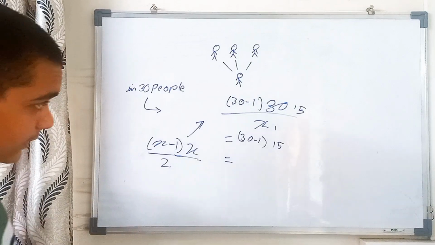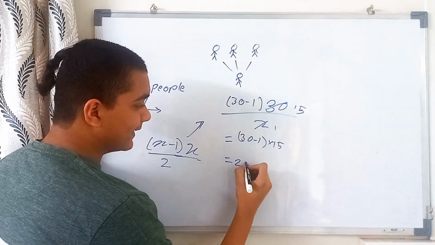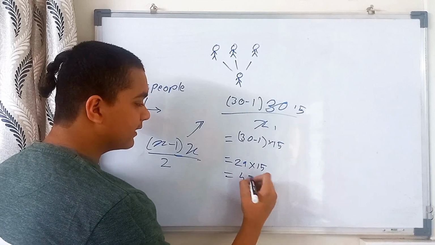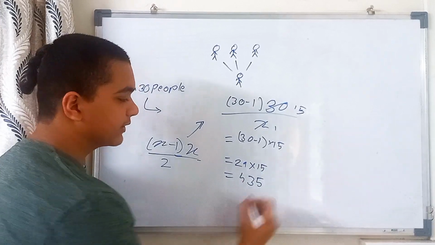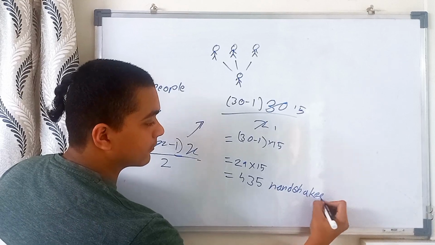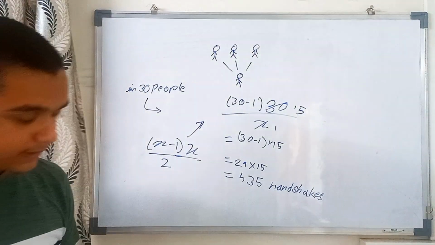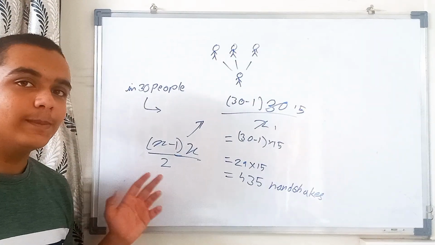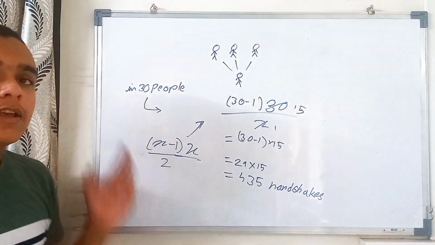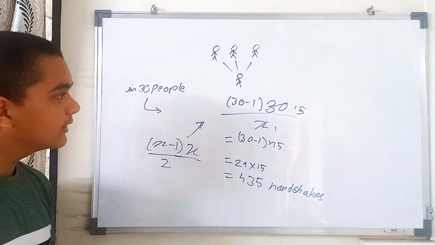And it's 29 on this side multiplied with 15. If you do the math, we get 435 handshakes. And that is how they find the answer to the problem: how many handshakes have taken place in a room of 30 people, where each person has shook their hands with another.